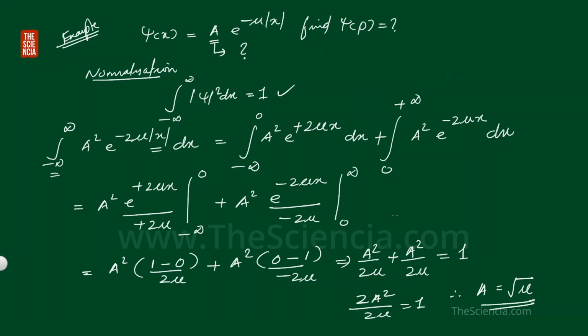Actually, you don't need to do all these steps. If it is a mod x, I will tell you a trick. See, this is the given wave function, that is psi of x equal to a e raised to minus mu mod x. And after normalization, we got a is equal to root mu. See, what is this root mu? Root mu is the coefficient of mod x.